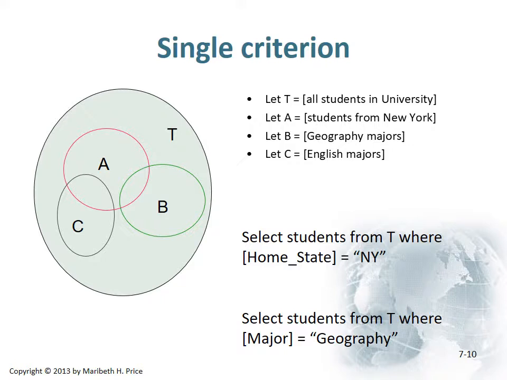So home state is a variable, it's a column in a table, and the entries for New York for each student will obviously be those folks who are from there. And again, the variable major will contain either geography or English, and so we will get those as the response from that query.